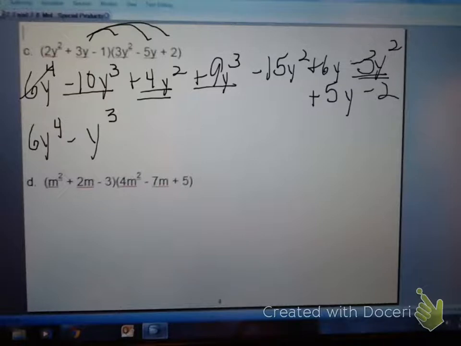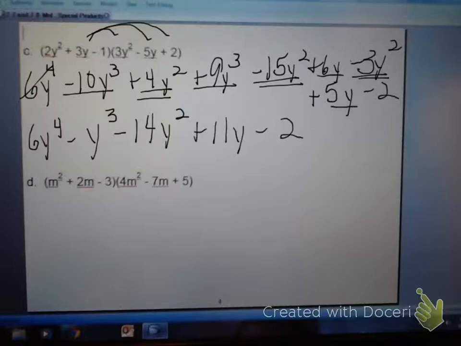And don't forget the negative 15y squared. So that gives us a negative 14y squared. 6y and 5y is 11y, minus, and then bring down the minus 2. So when you have a trinomial times a trinomial, you have to be very careful. As you can see, it's very easy to make a mistake.